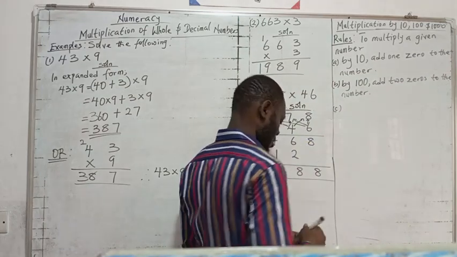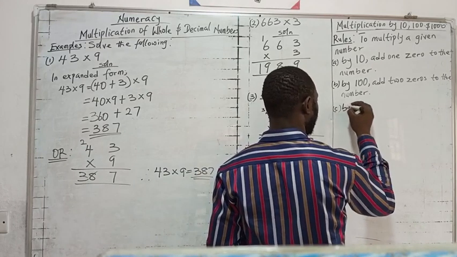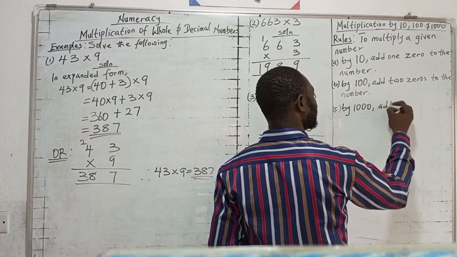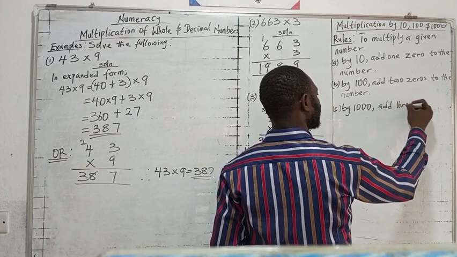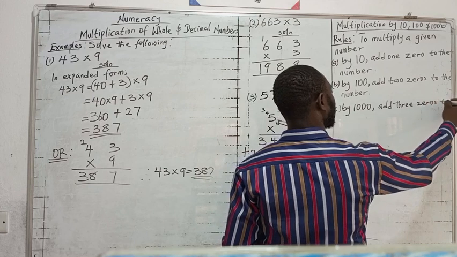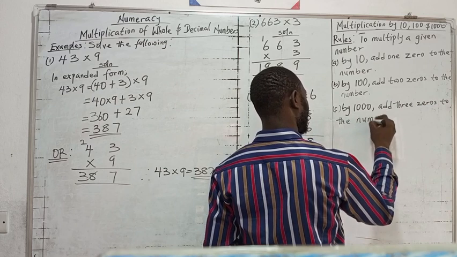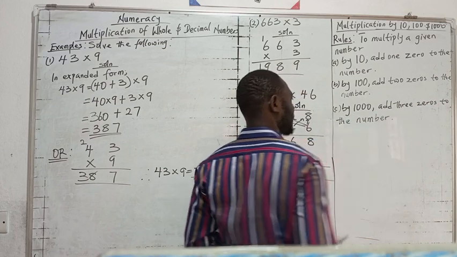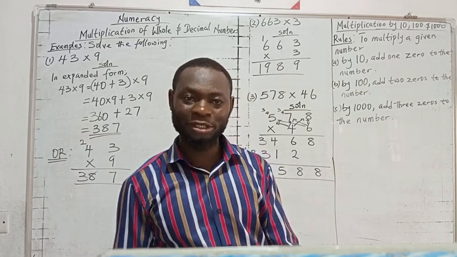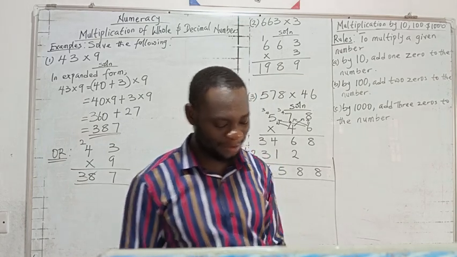C, when you now multiply by 1000, we add 3 zeros to the number. The same thing, when you multiply by 10,000, now notice 10,000 has 4 zeros. You add 4 zeros to the number.